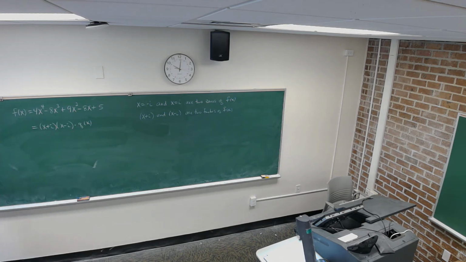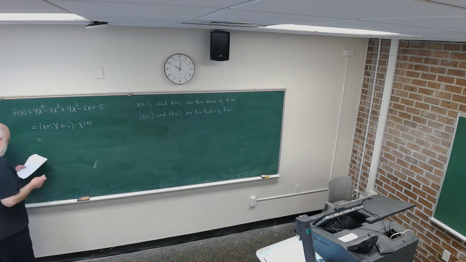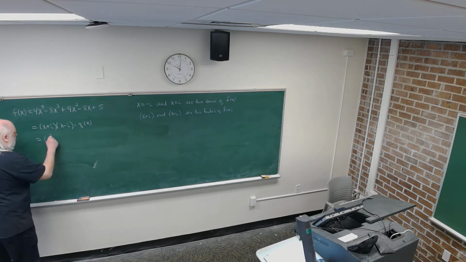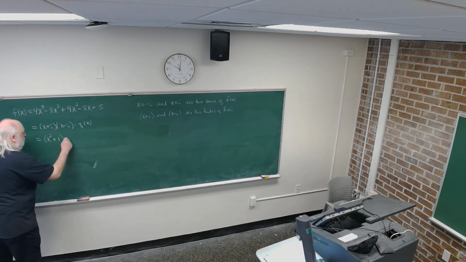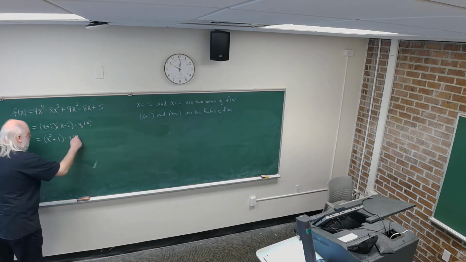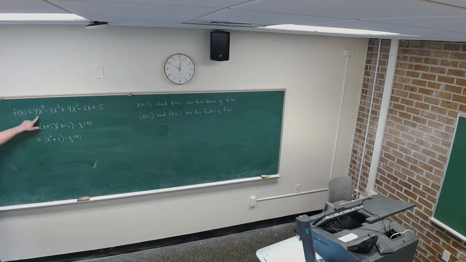When you multiply x plus i times x minus i, you get x squared plus 1. So this fourth degree polynomial is equal to x squared plus 1 times some unknown q of x.